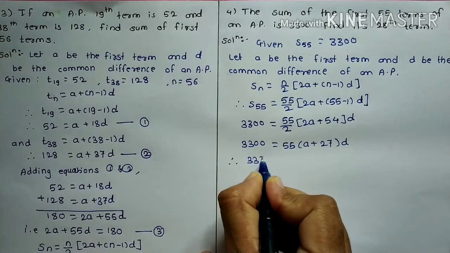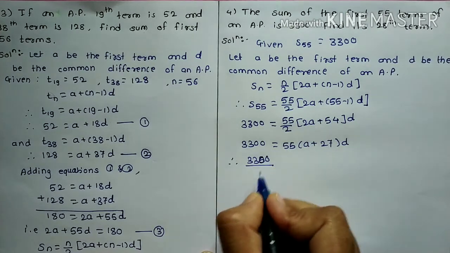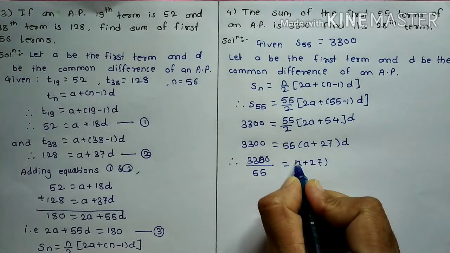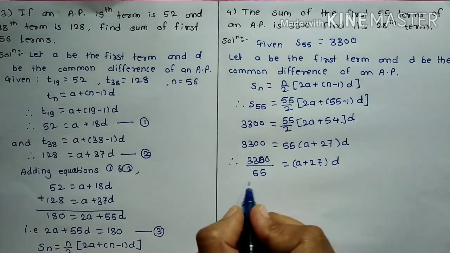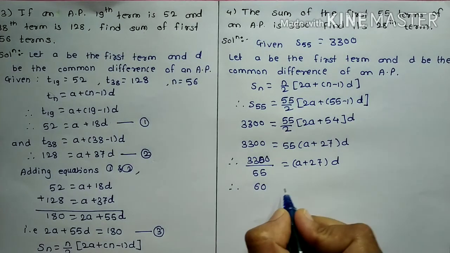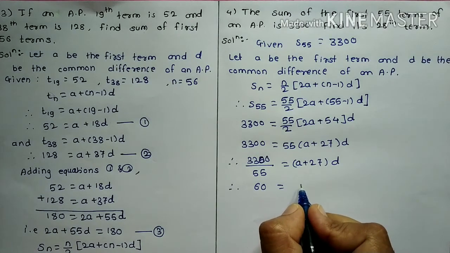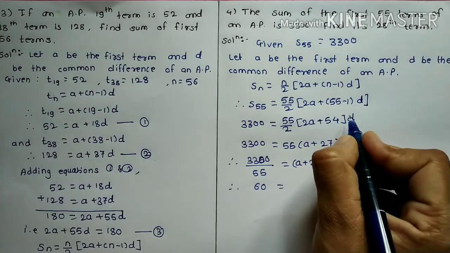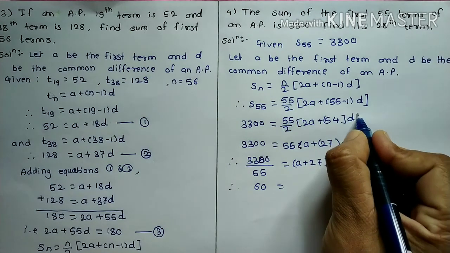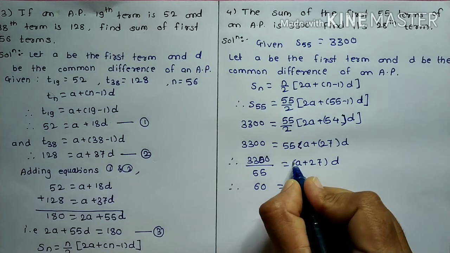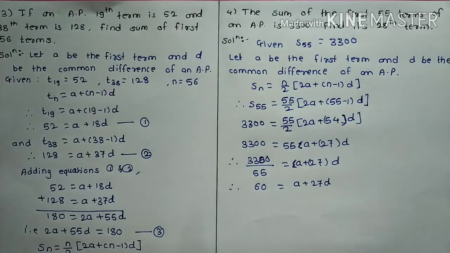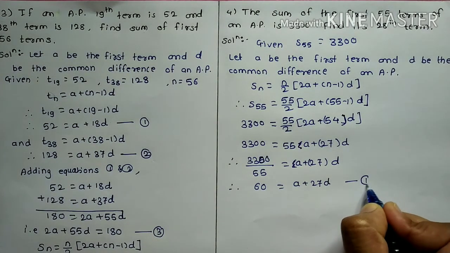Therefore 3300 divided by 55 equals A plus 27D. 3300 divided by 55 we get 60, which is equal to A plus 27D. Write down, this is expression 1.